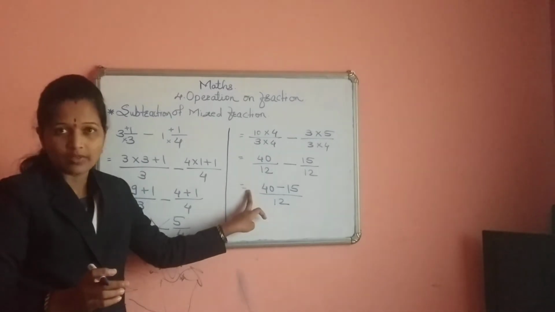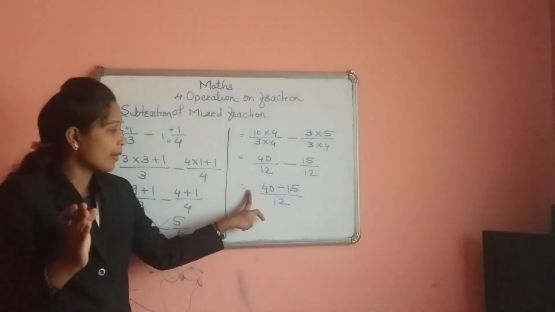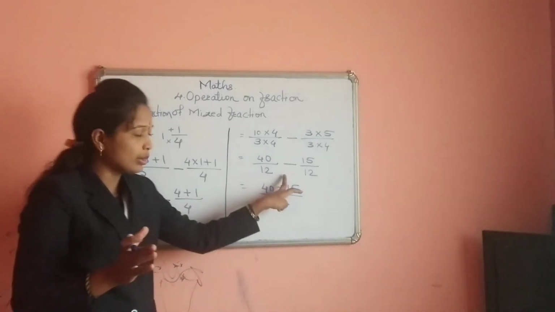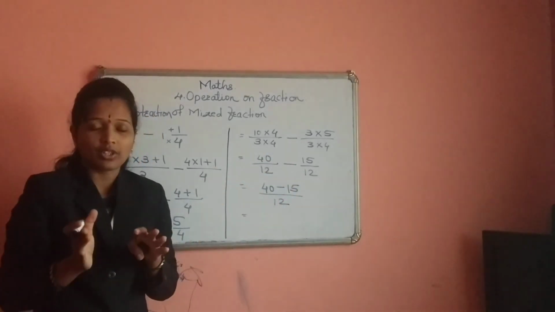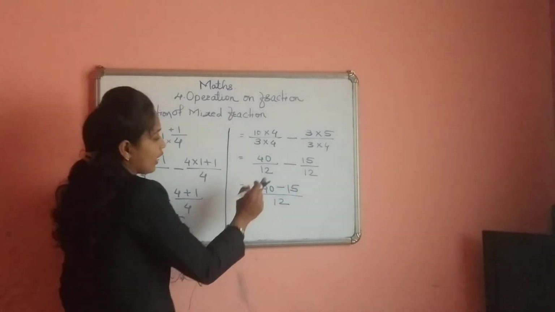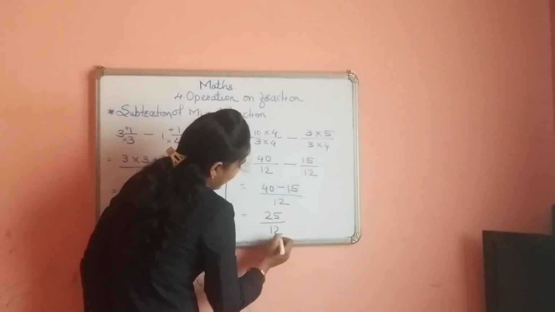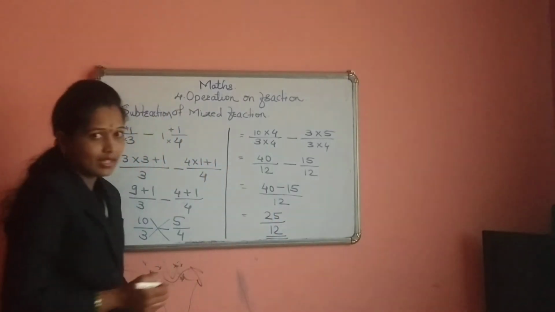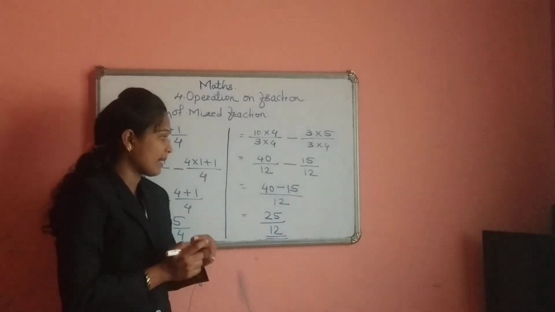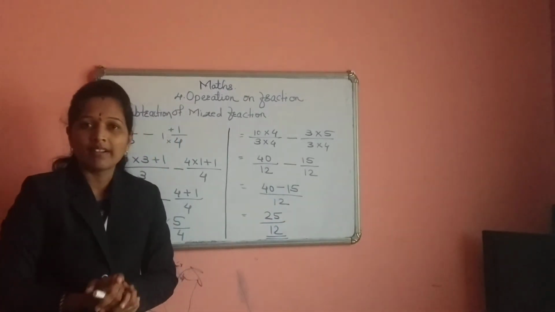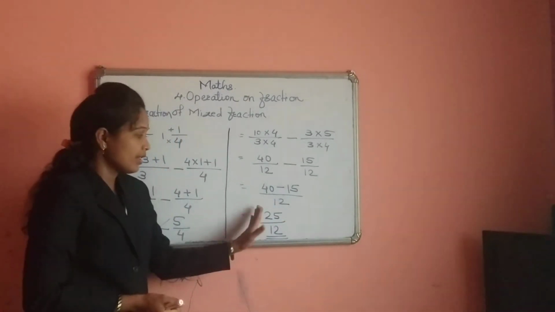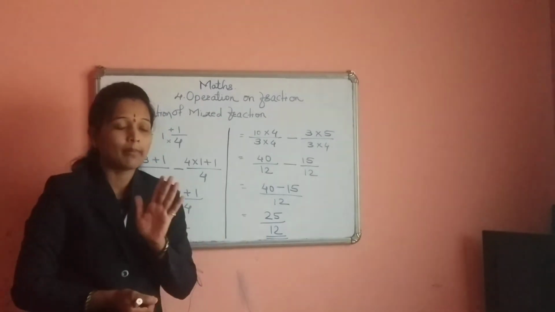Only in the second last step do you have to make the change: in addition do the addition and in subtraction do the subtraction. 40 minus 15 is 25, so the answer is 25 divided by 12. This is your final answer.